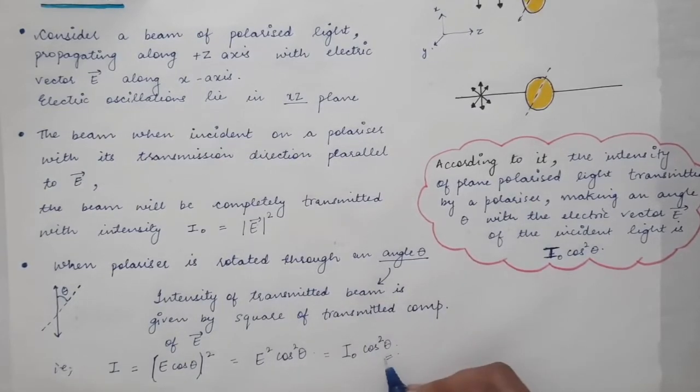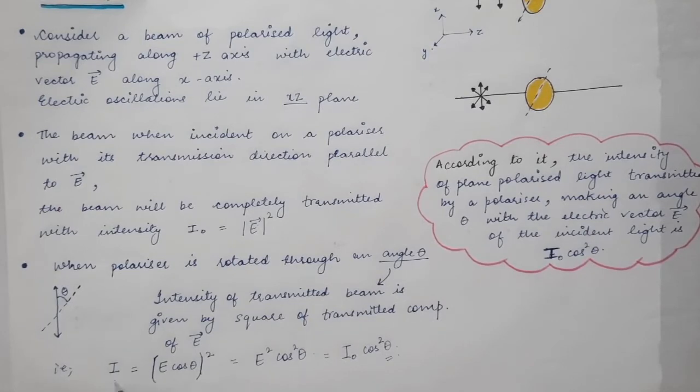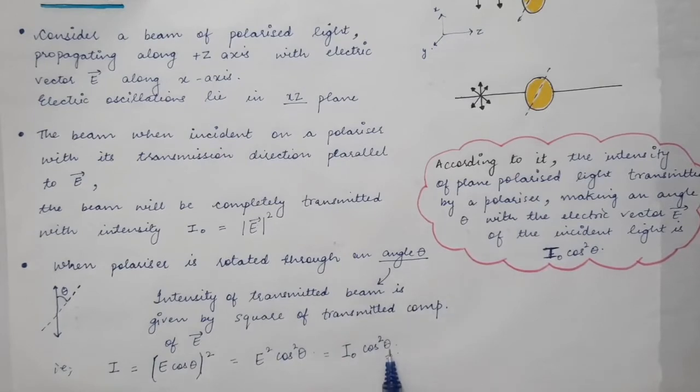So this is nothing but Malus law, that is, the intensity of the transmitted light is directly proportional to the square of the cosine of the angle made by the transmission direction with the electric field of the incident beam. So this is what Malus law states.